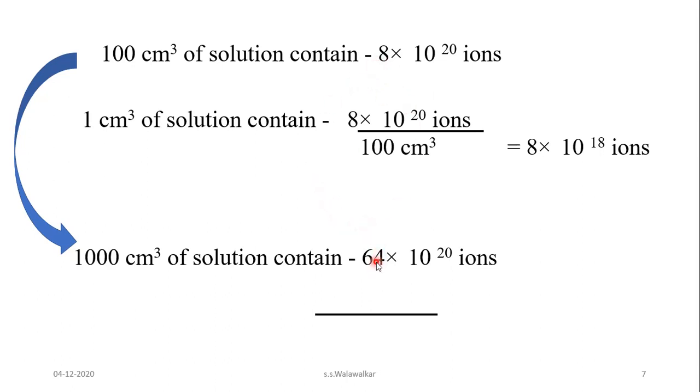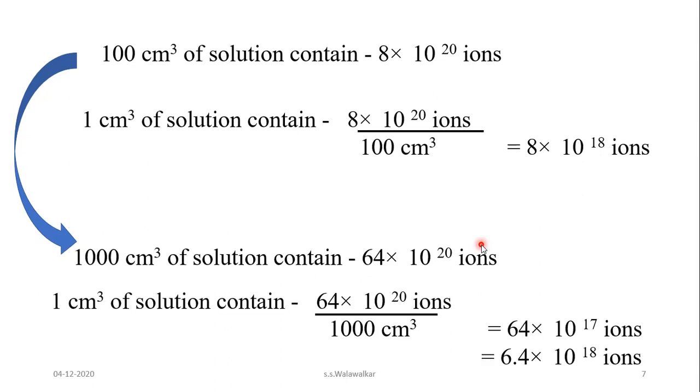So suppose 64 into 10 raised to 20 ions are present in the 1000 cubic centimeter of solution. Then 1 centimeter cube of the solution contains how many ions? 64 into 10 raised to 20 ions divided by the volume of the solution, 1000, that is equal to 64 into 10 raised to 17 ions, which is equal to 6.4 into 10 raised to 18 ions.